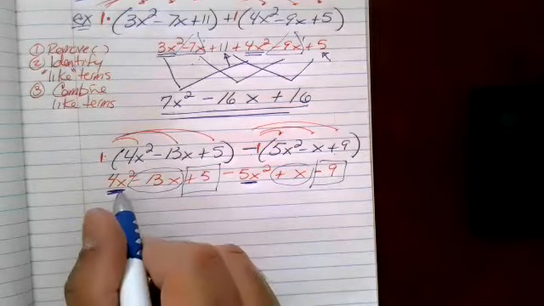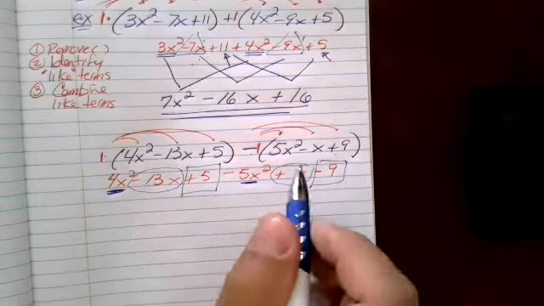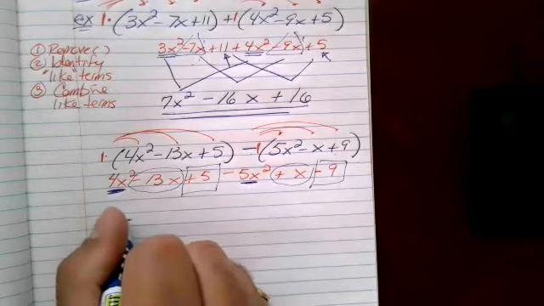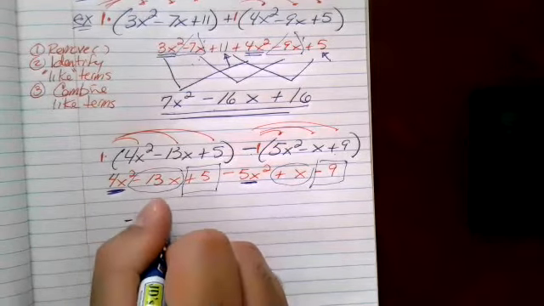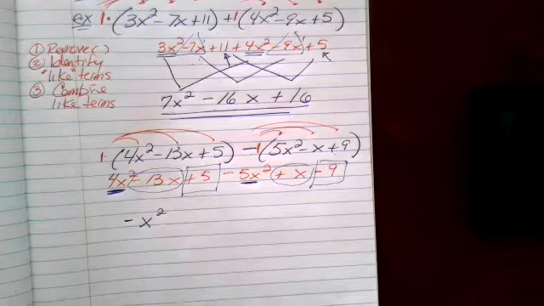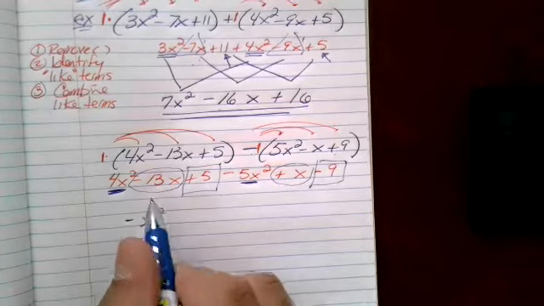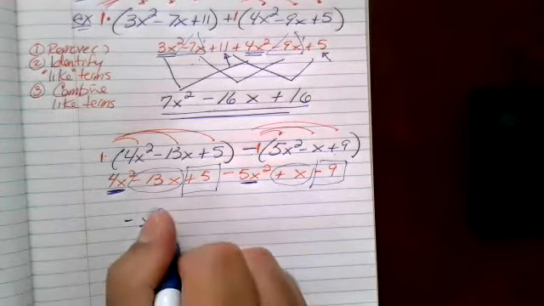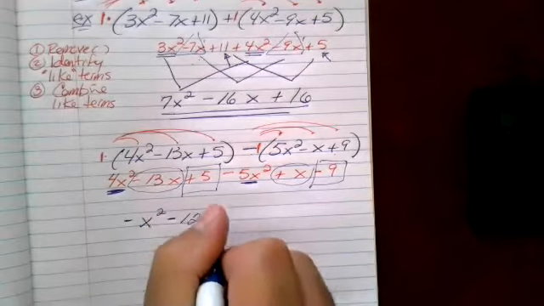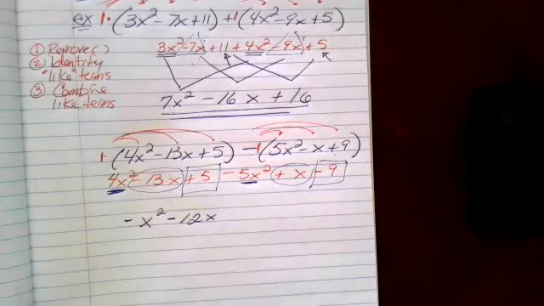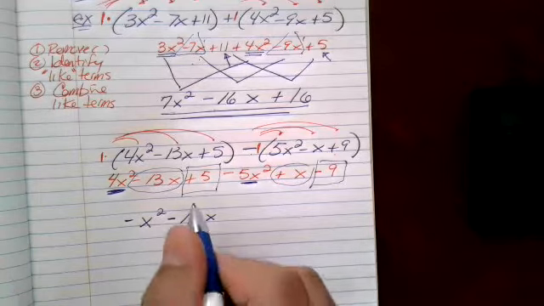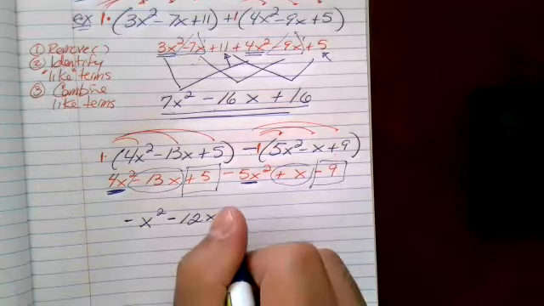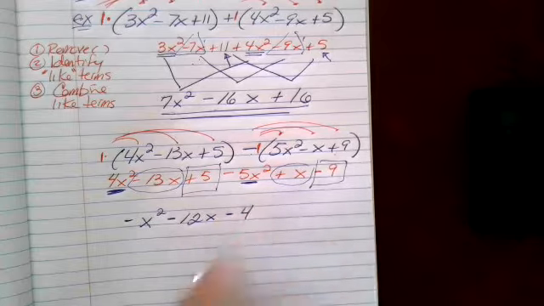I have 4x squared minus 5x squared, which gives me a -1x squared. A -13x and a +1x gives me a -12x. And a +5 and a -9 gives me a -4.